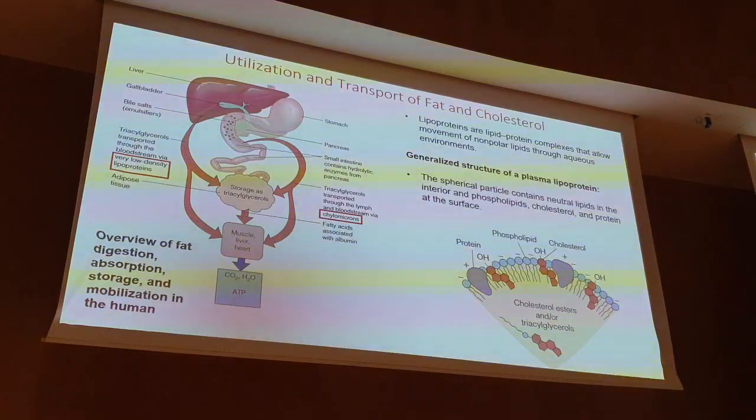The diagram on the left-hand side shows you the mobilization of fat, and you notice the fat that's coming from the duodenum, the little arrow that goes from the duodenum, that fat is in the form of chylomicrons.